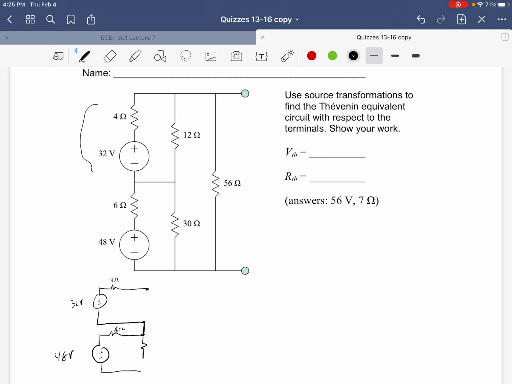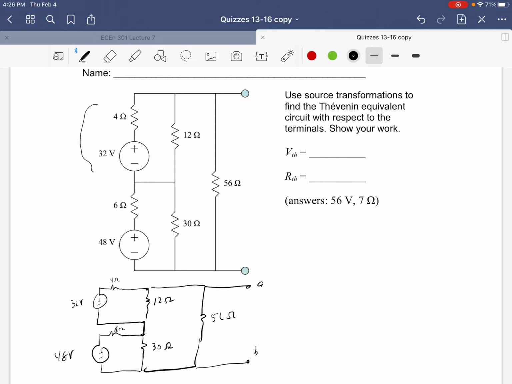Okay, and then this is going to be your 30 ohm resistor, and then we're going to have a 12 ohm resistor and a 56 ohm resistor, and then this is your A and B.